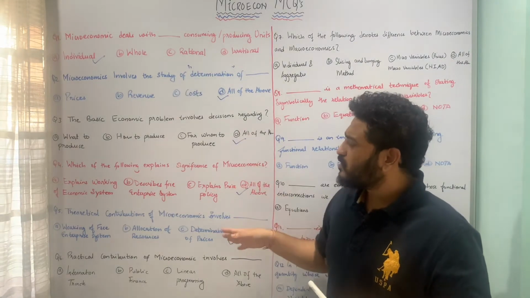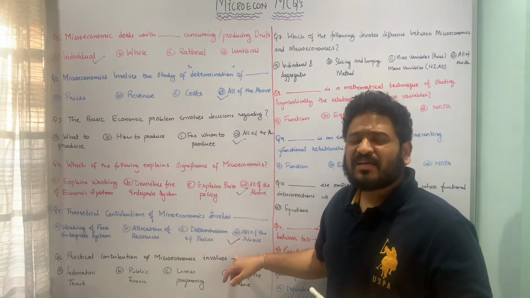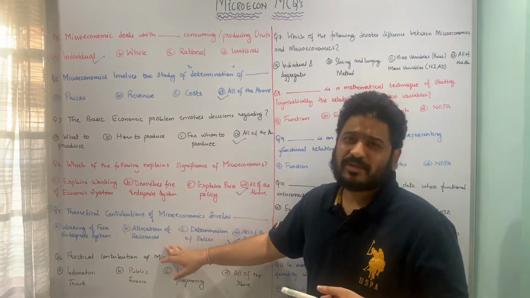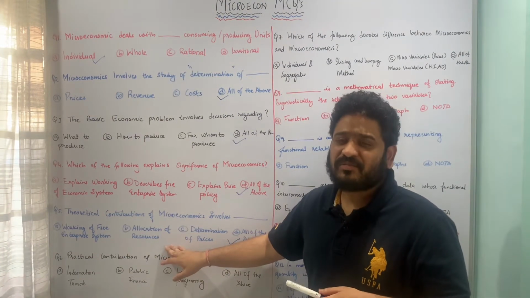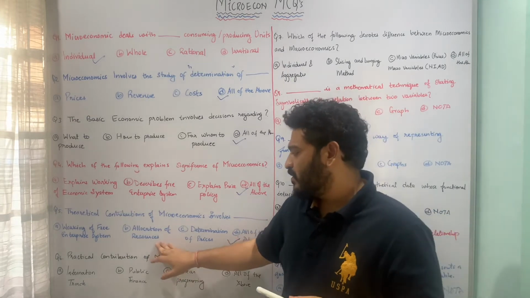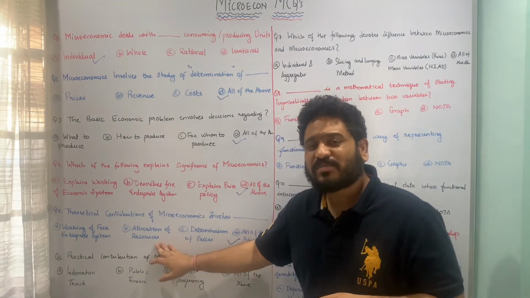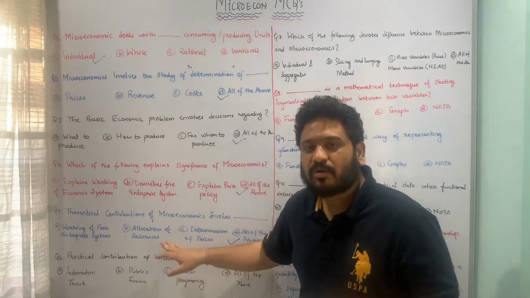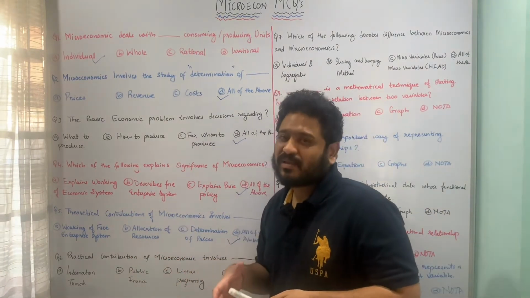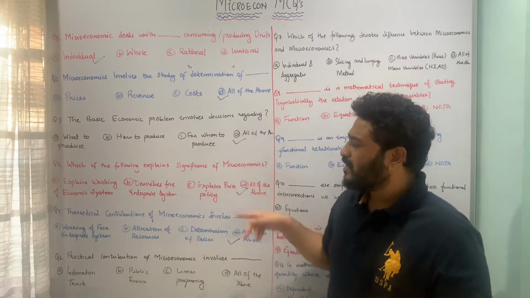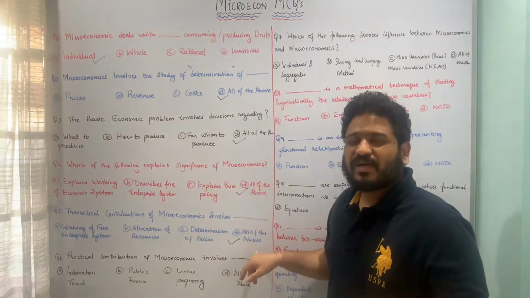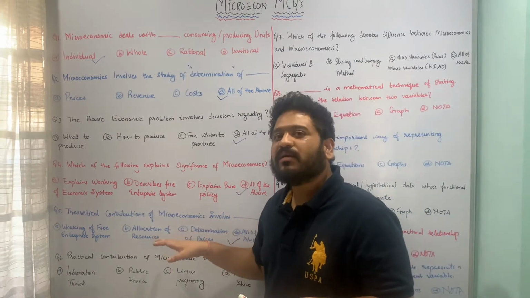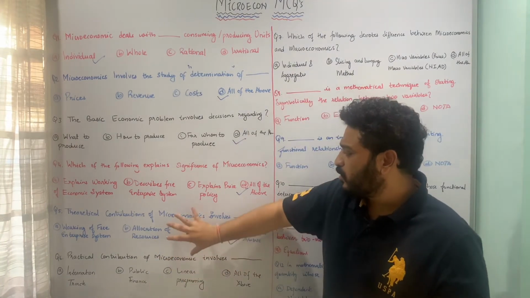Since most of the questions have all of the above as the answer, it is because in the way in which we are dealing with these concepts in multiple choice questions, it is easier for us to understand the concept taking into account all the possible aspects associated with that particular concept. That is why I am taking majority of questions which have all of the above as the answers. So this will help you at least build up your idea of what can be the concept itself. I hope the question is pretty much clear.